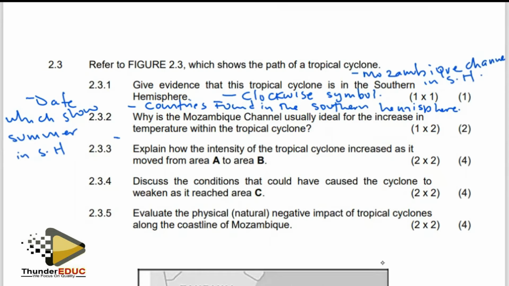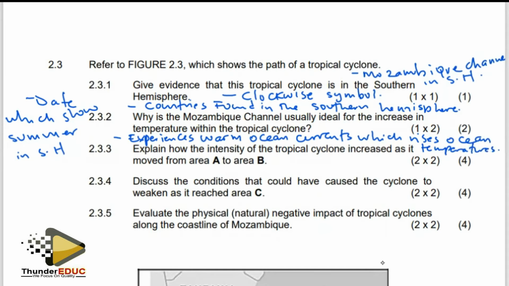So consider that the Mozambique Channel experiences warm ocean currents which raise the ocean temperatures.